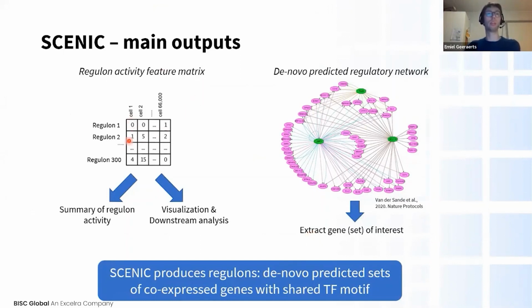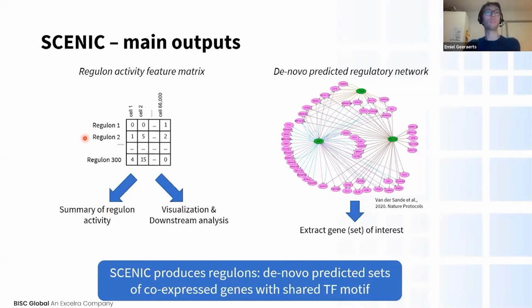For each cell, you get the relative biological activity of your regulon. And you can use that to create summaries per cell group, for example, per cell type or per condition, to see which regulons are most active and which are the master regulators, which are the determinants, let's say, of your cell phenotype. I'll show examples in the case study of this.